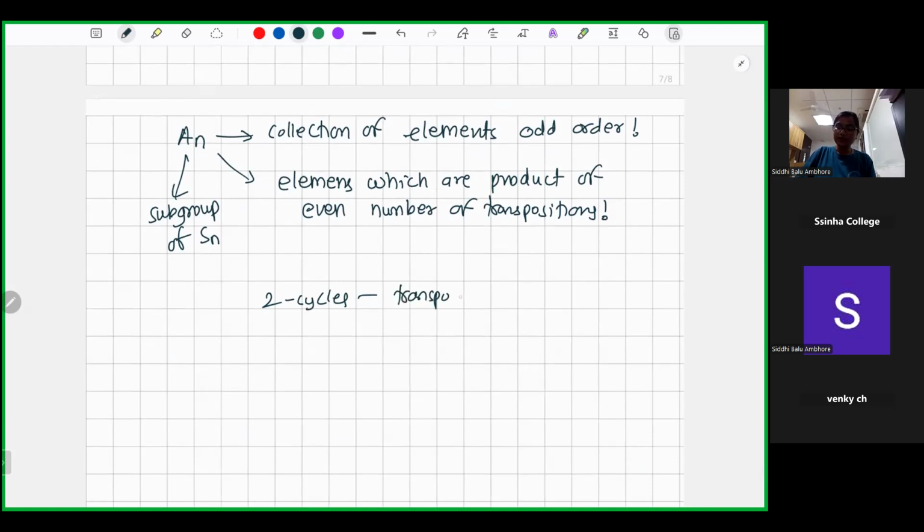And if I say something generates my group, that element itself must belong to that group.